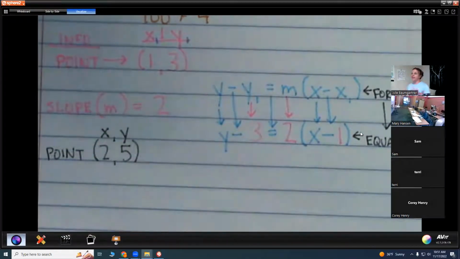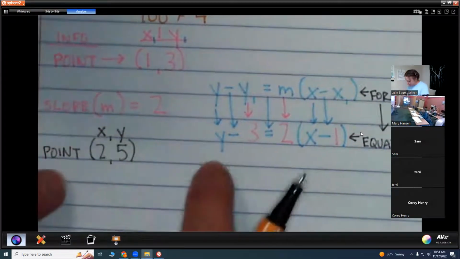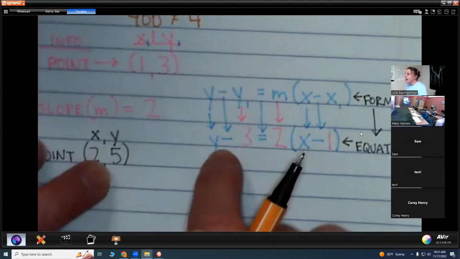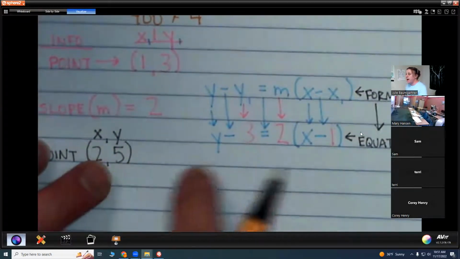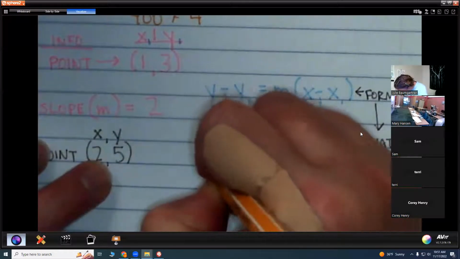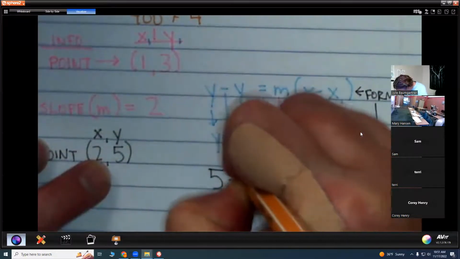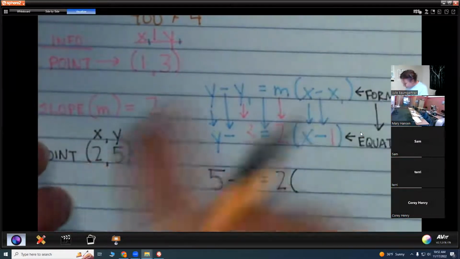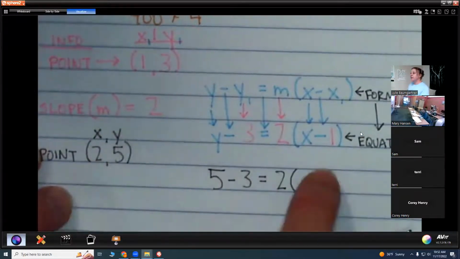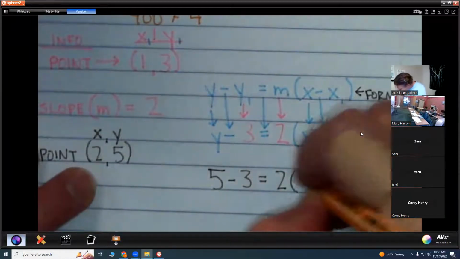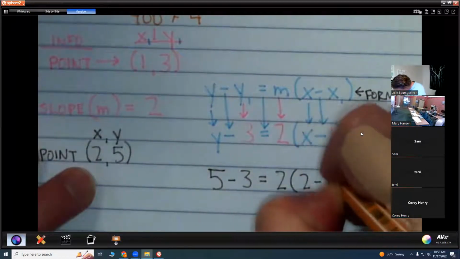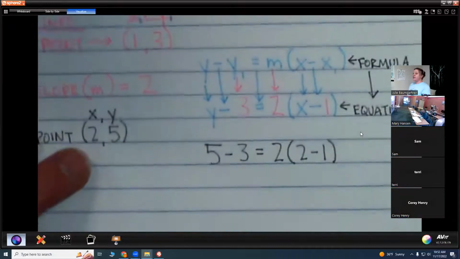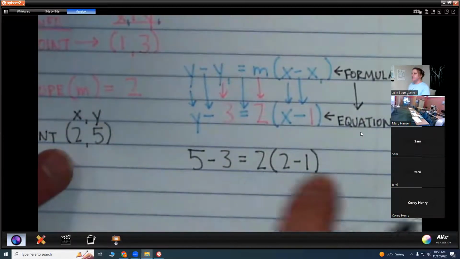If not, then it's not. All right, so let's do that step. I need to plug my 5 into my equation for the y that I'm testing, and everything else stays the same. And when I get to where the x needs to go, I'm going to put my x in here. Now I just need to figure out, does this equal?